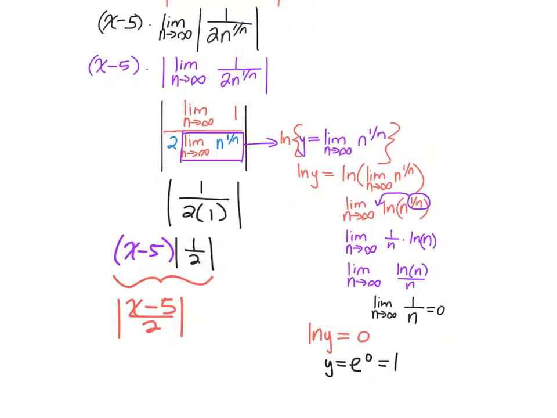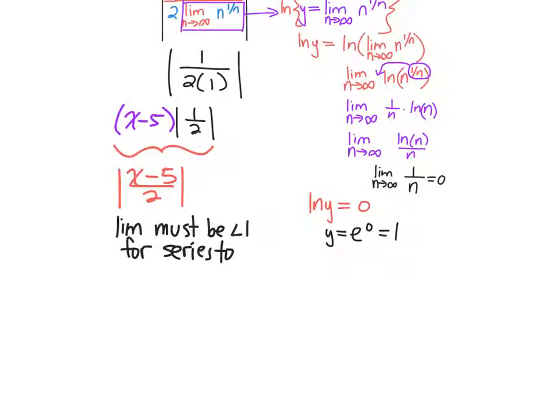We use the root test to get this far. The root test, in order to converge, the limit must be less than 1 for the series to converge. So I'm looking at the absolute value of x minus 5 over 2 has to be less than 1.